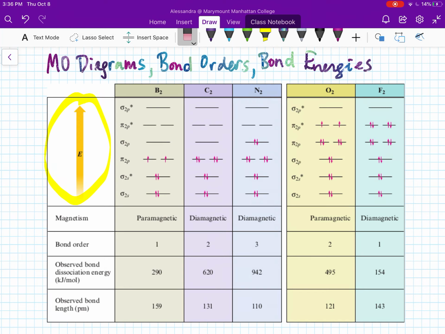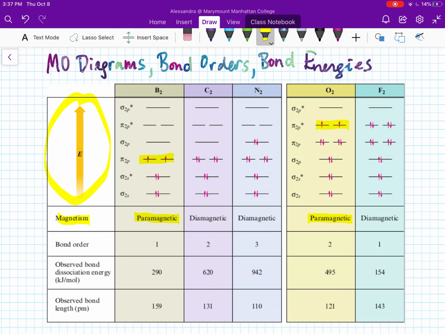So we can fill up the electrons from each atom in the molecular orbitals according to the Aufbau building up principle and Hund's rule. Now, certain definitions here. Magnetism. Any molecule that has unpaired electrons in orbitals, like boron and oxygen, is going to be labeled paramagnetic.